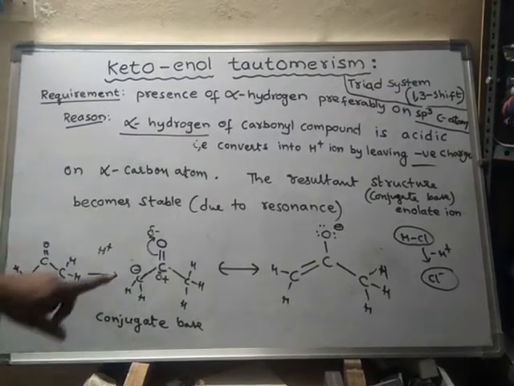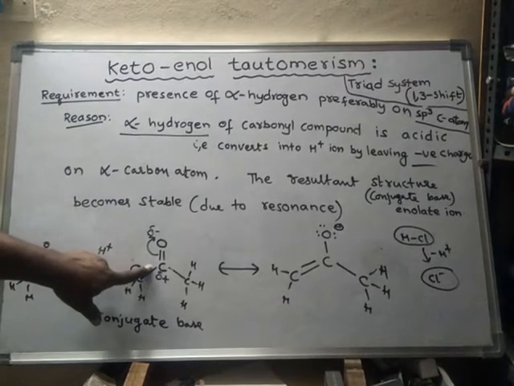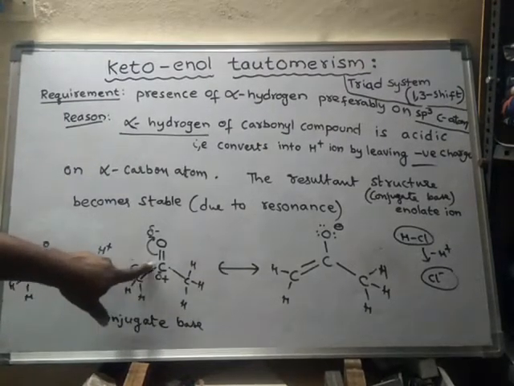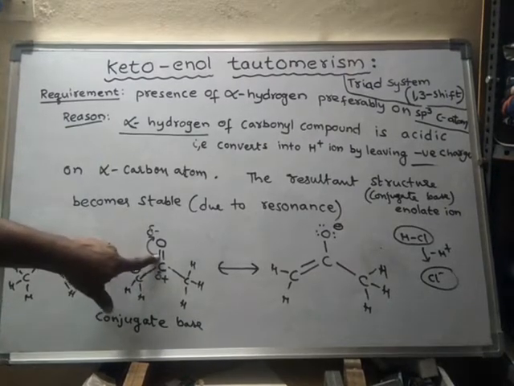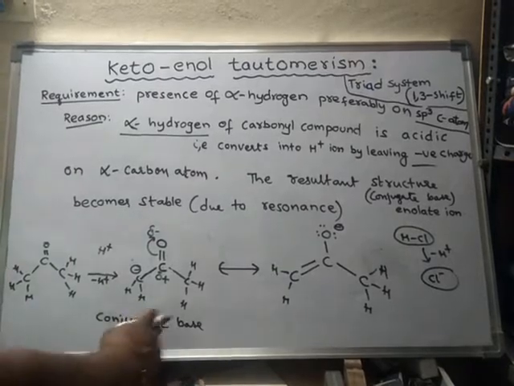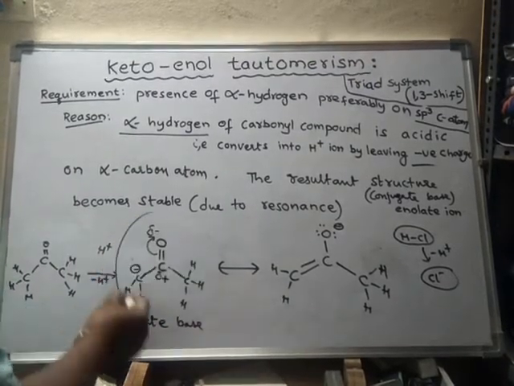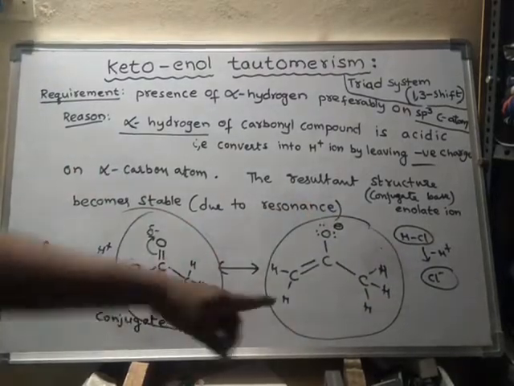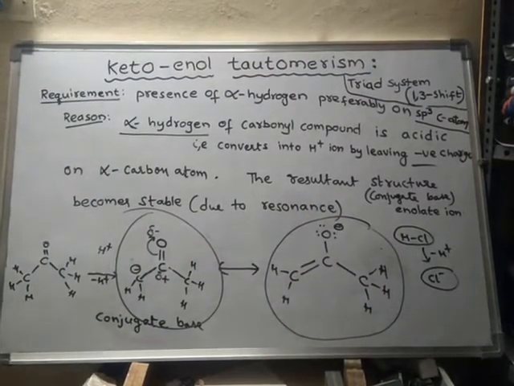Electrons will move here, a double bond will form, and this pi bond will move to form this one. So this is an enolate ion, and this is also an enolate ion. These two are said to be enolate ions.